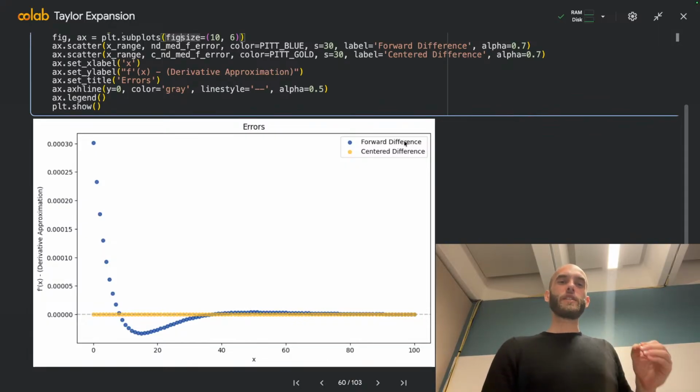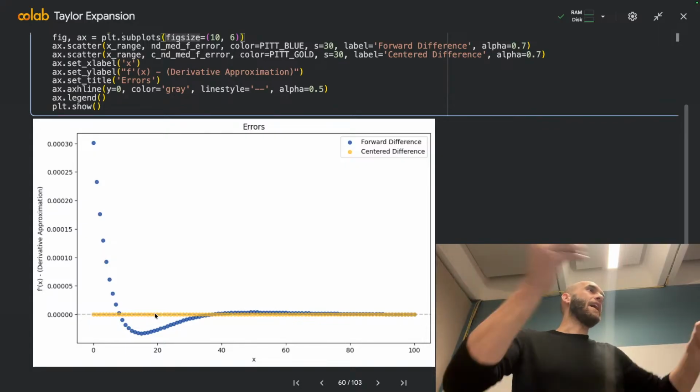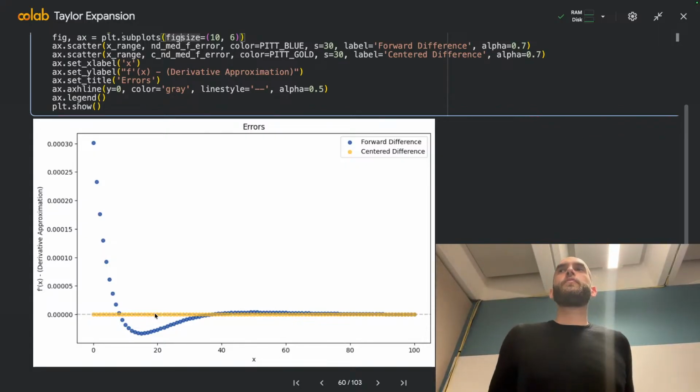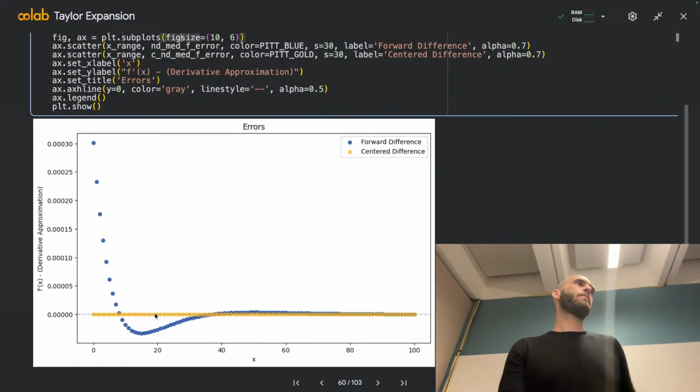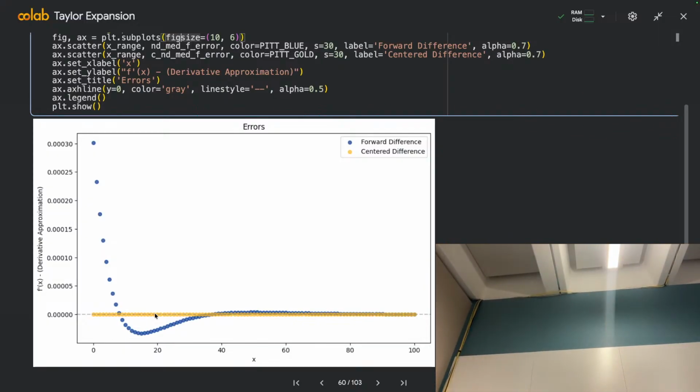But then using the two-sided approach, the centered difference approach in yellow, you can see the mismatch, the error is much, much smaller. It's on the order of epsilon times the original error. So we've essentially used the Taylor series to fix some of the underlying mismatch that we saw earlier.